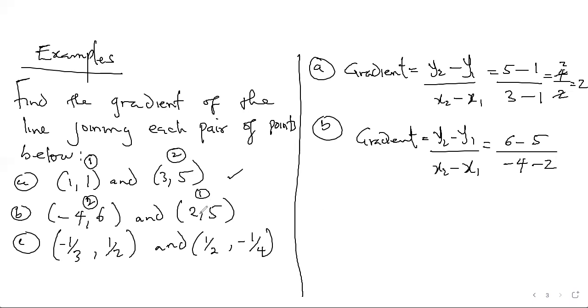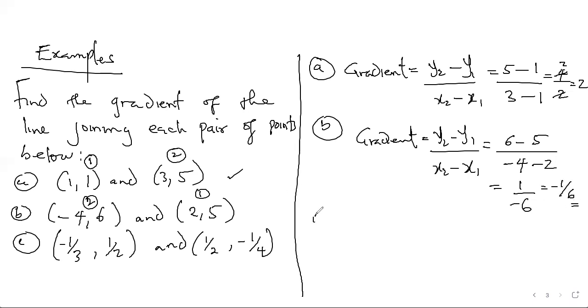My x1 will be 2. So that gives me 1 over minus 6. So the gradient is basically minus 1 over 6.